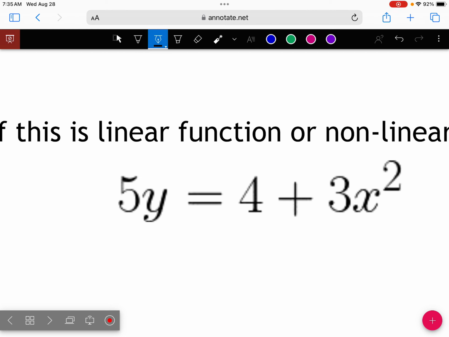So let's see. I'll put it right above it. y equals mx plus b. What do we think? Remember, what are my rules for linear? x and y, and it can't have any exponents on my letters, right?